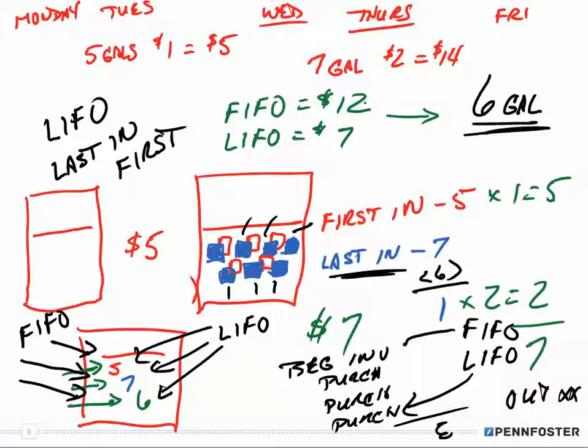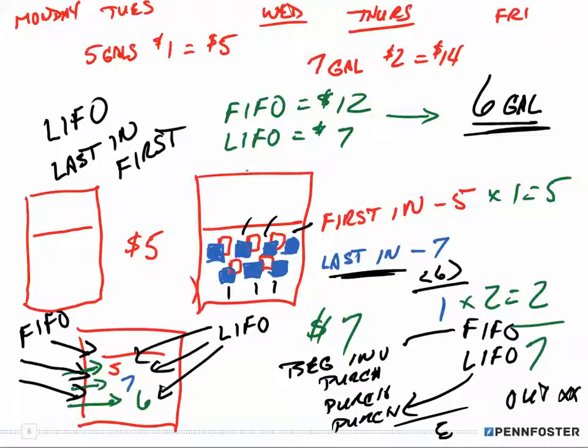So your FIFO method means that your inventory valuation would be higher. It would show a higher dollar value in inventory versus if you were using LIFO. Remember, in the past it was cheaper, today it's more expensive. If I'm taking out the more expensive, that means the cheaper is left in the inventory, and therefore it's a lower value.